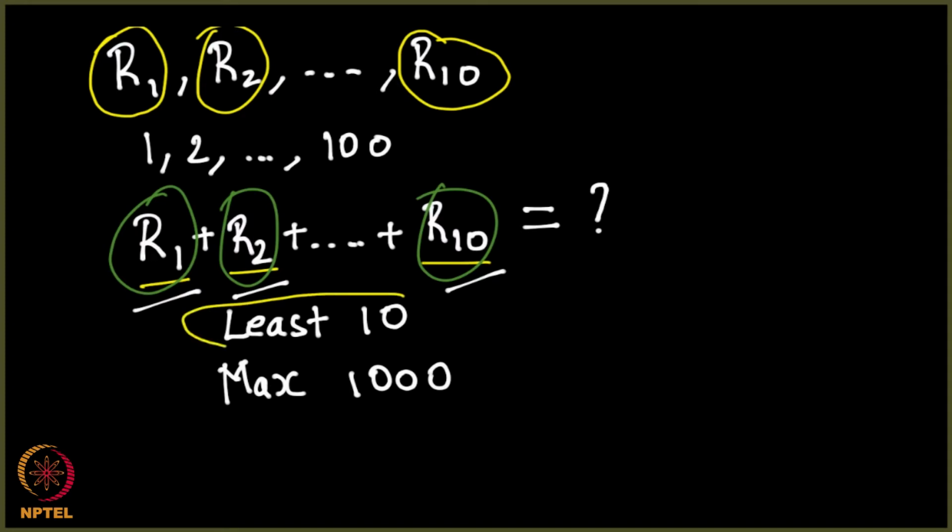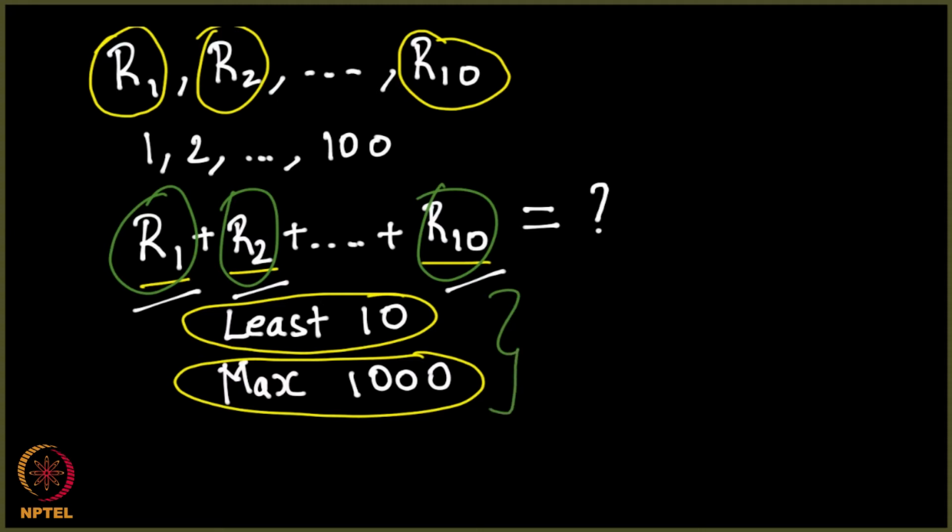So this is the least and this is the maximum, the minimum and the maximum. Okay, but then observe here that any number 10, 11, 12 up to 1000 can appear for what? For the sum.